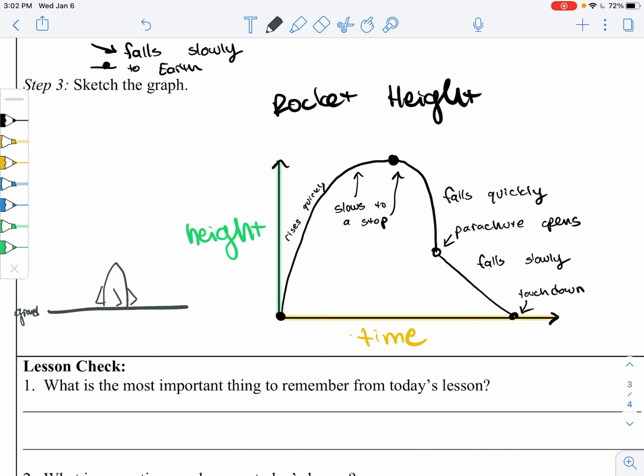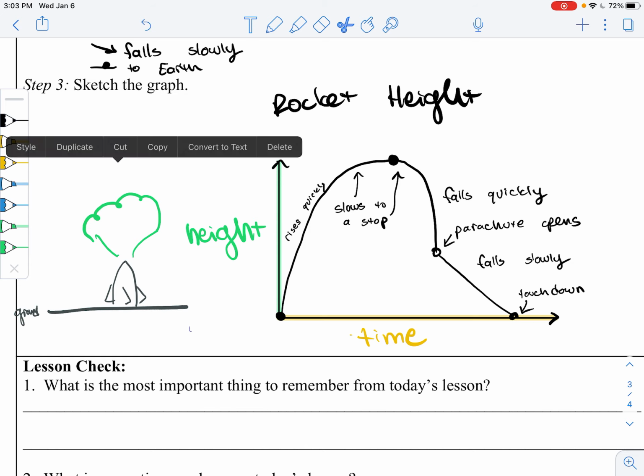Okay, isn't that great? Now what happens to our rocket is it goes up. We're going to assume there's no wind. It goes up, up, up, real fast. Slows down, comes down real fast until parachute opens, and then it falls down real slow.